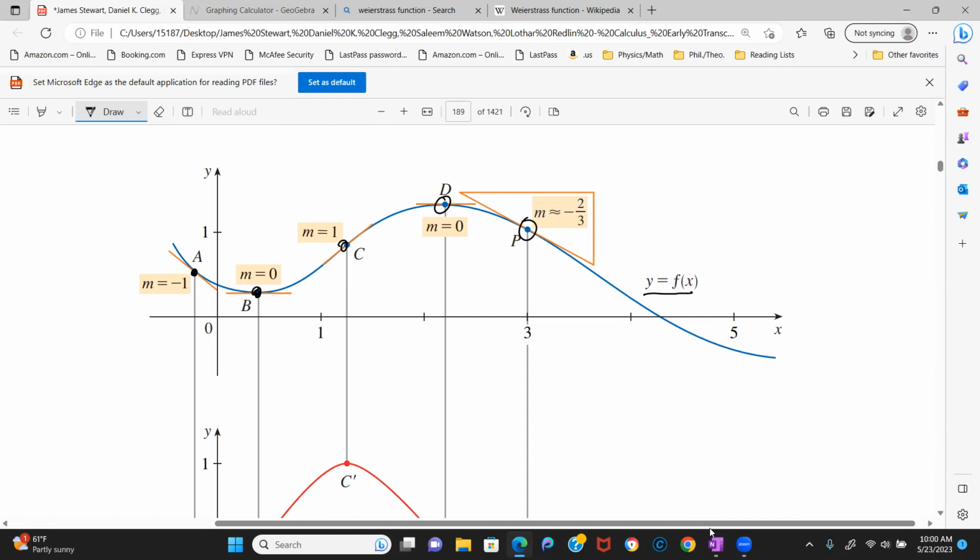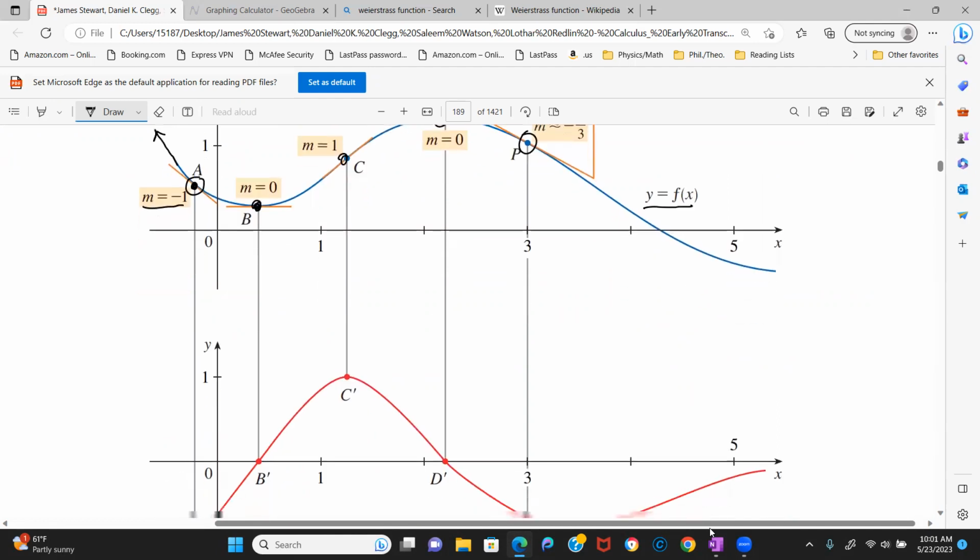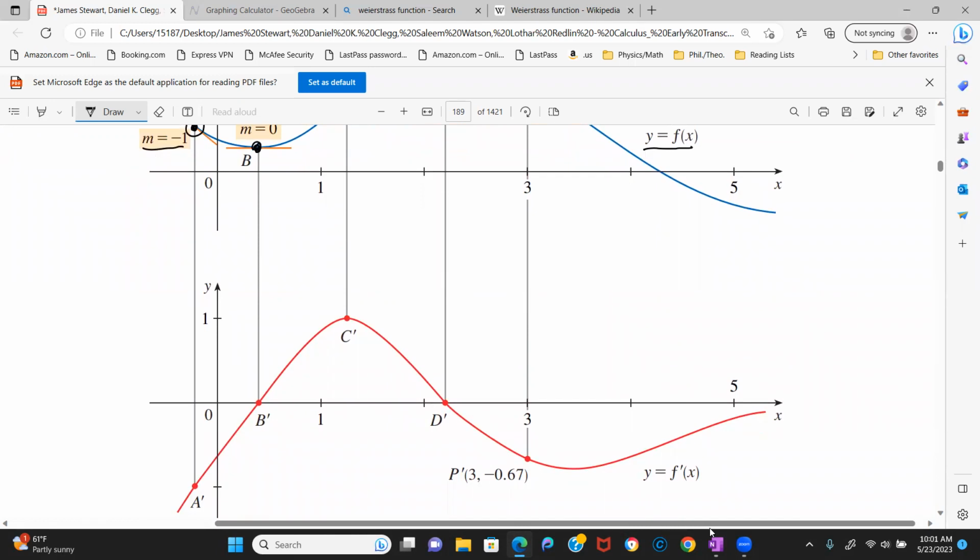Again, remember the slope of the tangent line is going to be the value of the derivative. The slope of this tangent line, they're saying, is -1, so the derivative is -1 at that point. In fact, when you go up here, the slopes of all these tangent lines are going to be negative, so the graph should be below the x-axis. And that's exactly what you have right here.